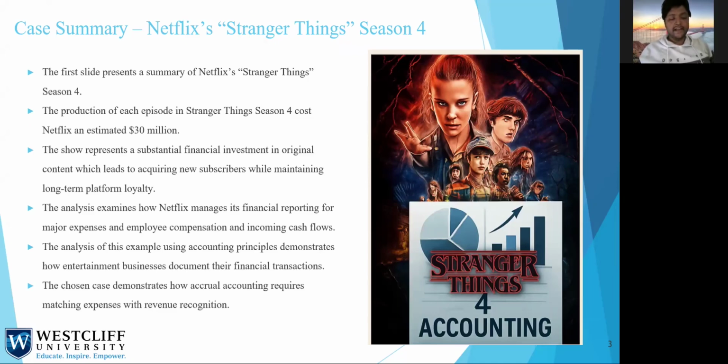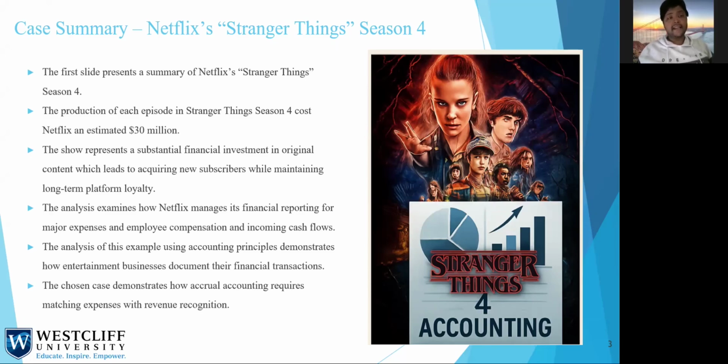This makes it a valuable example to examine how large scale expenses on actors and crew composition and the revenue from subscriptions are recorded and analyzed in accordance with the accounting standards. We will work through the actual journal entries and assess how accurately these practices reflect the business in real life.